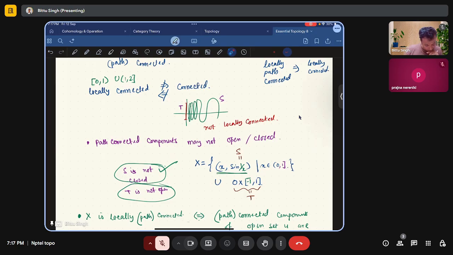Can you write T as some open set intersected with S? If we assume T is open, then the complement of T should be closed in S, right? This needs to be checked. I am not certain.